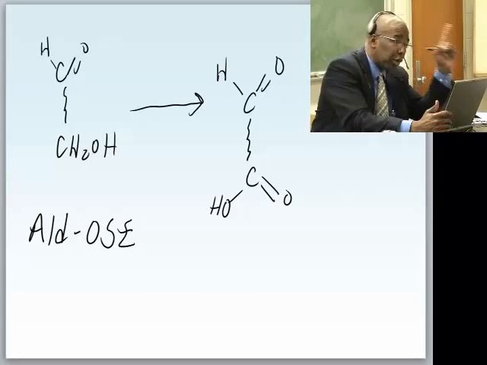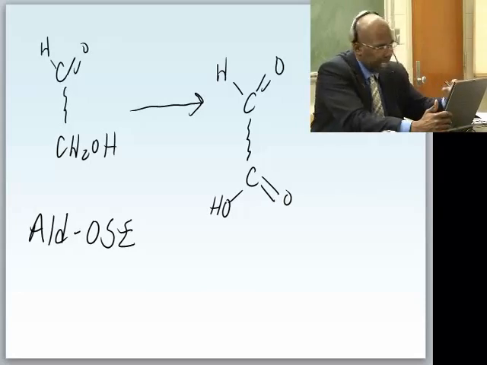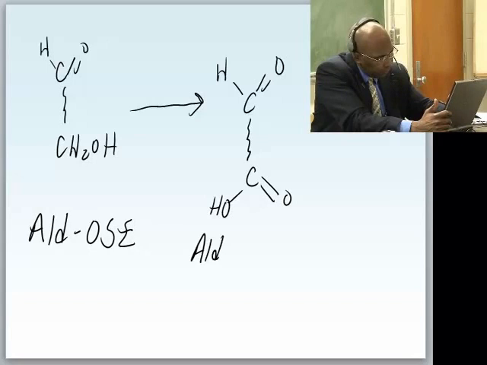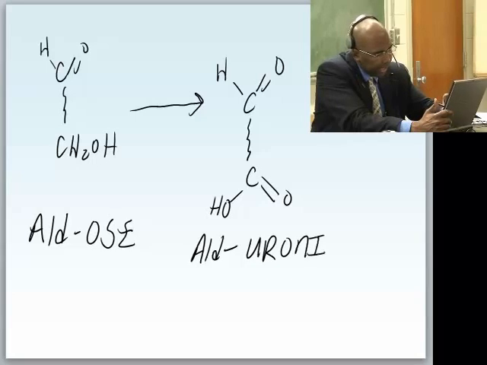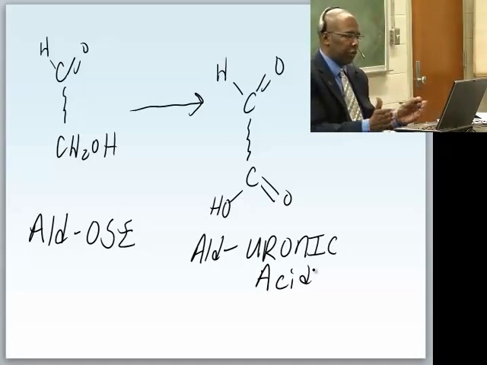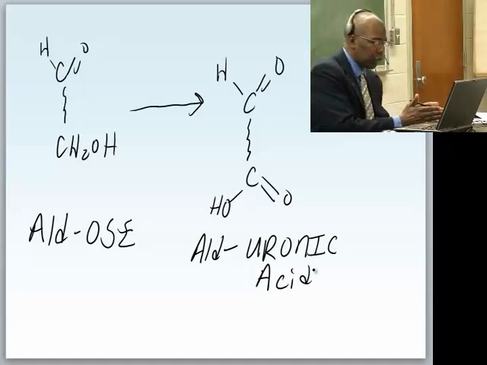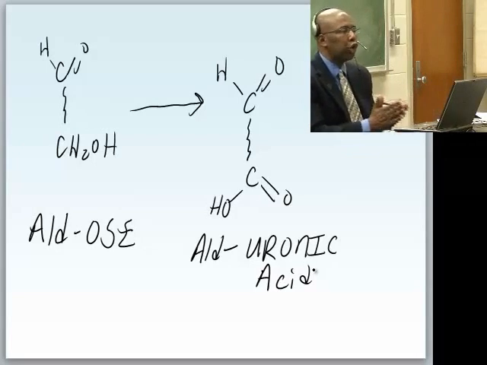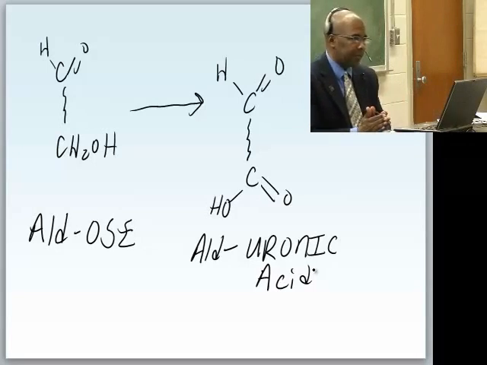But when we oxidize the terminal carbon, that last carbon, then you're going to change the aldose into a uronic acid. Not just onic this time, but a uronic acid. So you convert it from an aldose to a uronic acid.